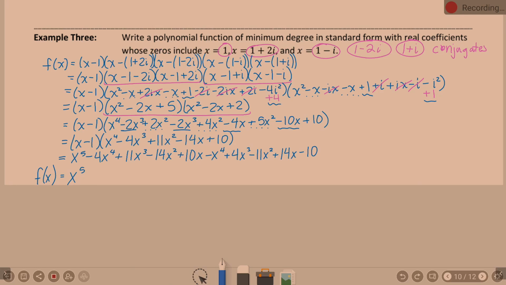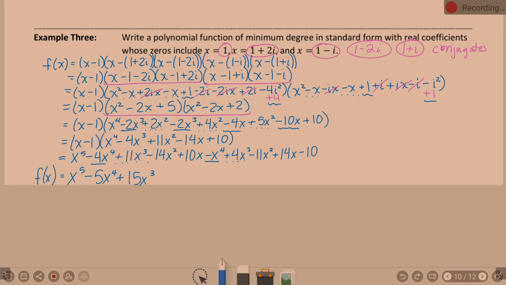Minus 4x to the fourth, and minus x to the fourth is minus 5x to the fourth. 11x cubed and 4x cubed is 15x cubed.